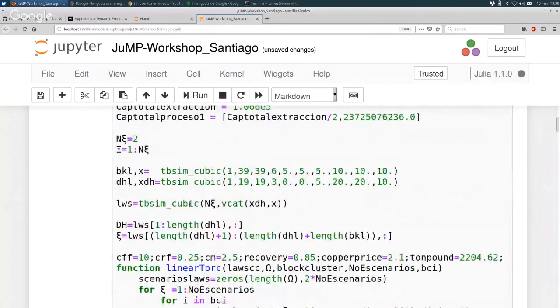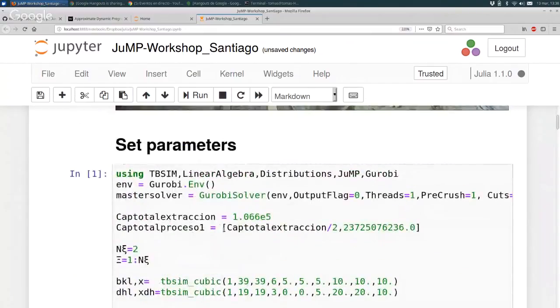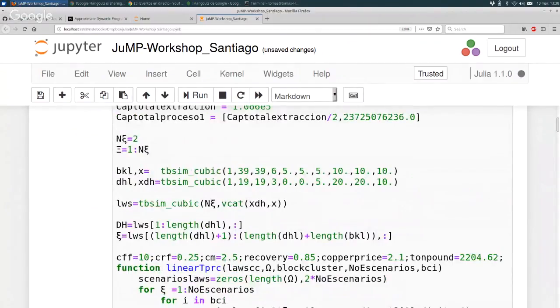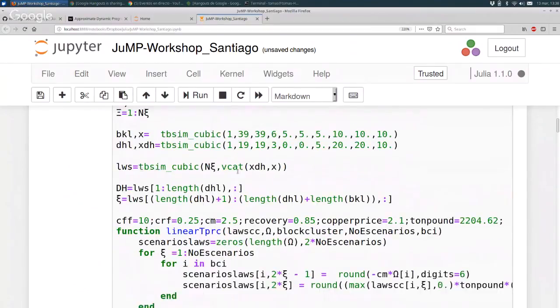So here I'm going to use a package. I'm telling the software a few parameters. Here I'm setting the number of scenarios, and I just call these functions to get the x's, but don't pay attention to them. Here I'm sampling NT scenarios from all the points that I want to use to condition the later simulations and the points that I will use later.